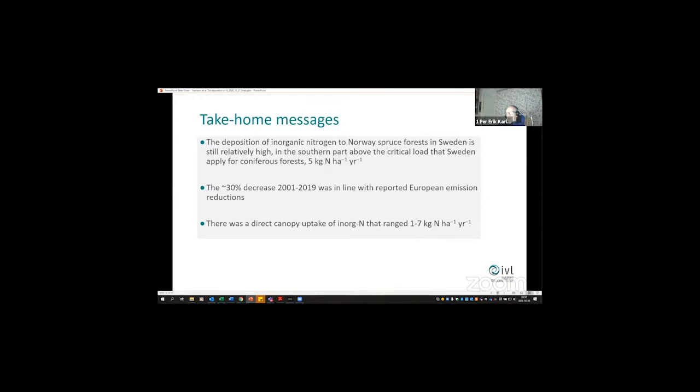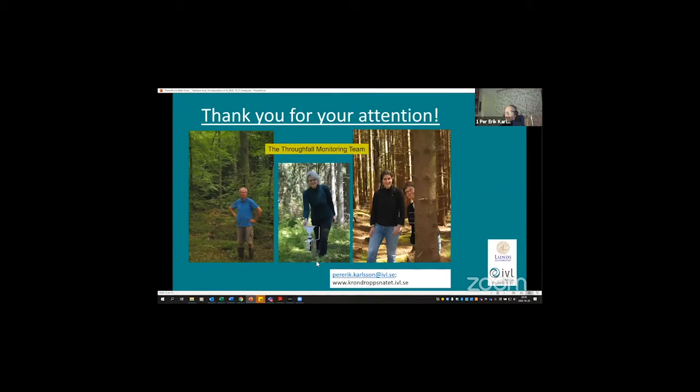And we then have a 30% decrease over this almost 20-year period, in line with the decrease in the reported European emissions. And there was a direct nitrogen uptake to these Norway spruce canopies that ranged between 1 and 7 kilograms nitrogen per hectare per year. So thank you very much.